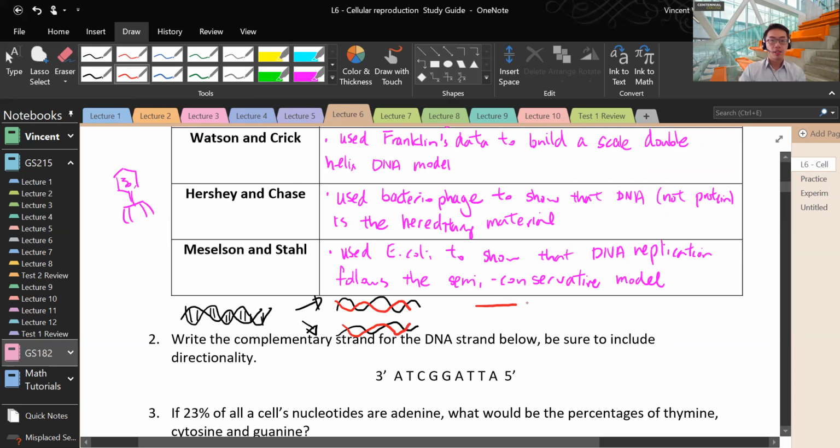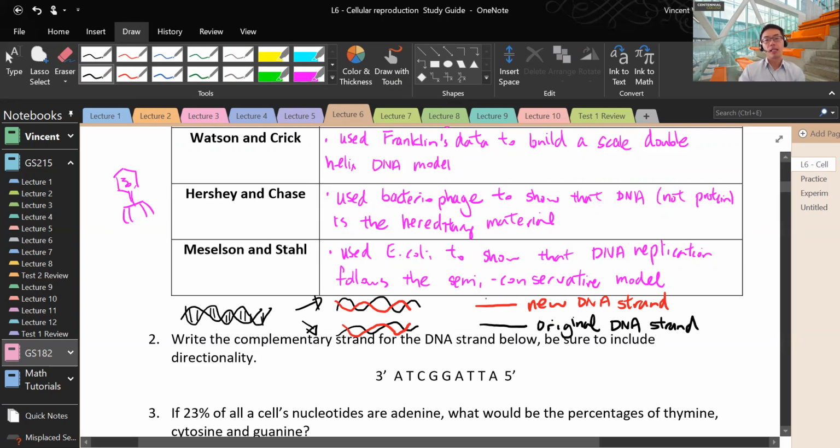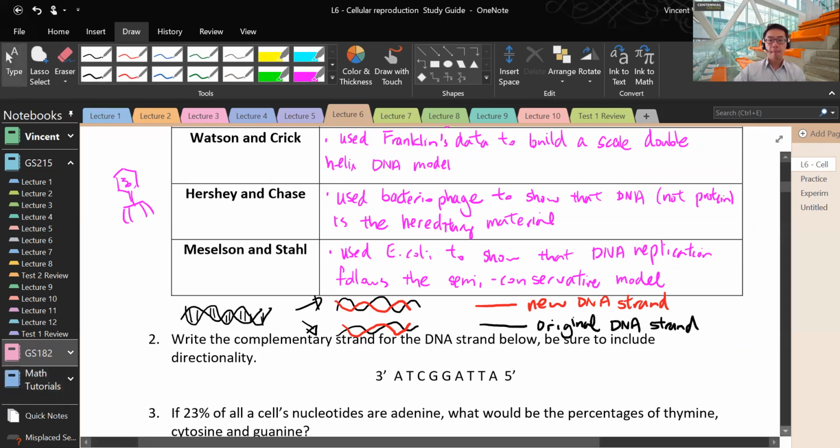Okay, so this is the new DNA strand, and this would be the original DNA strand. So there were 3 models. If you saw the lecture, there's the semi-conservative model, the conservative model, and the dispersive model. So their experiments show that it is the semi-conservative model that is the correct one.